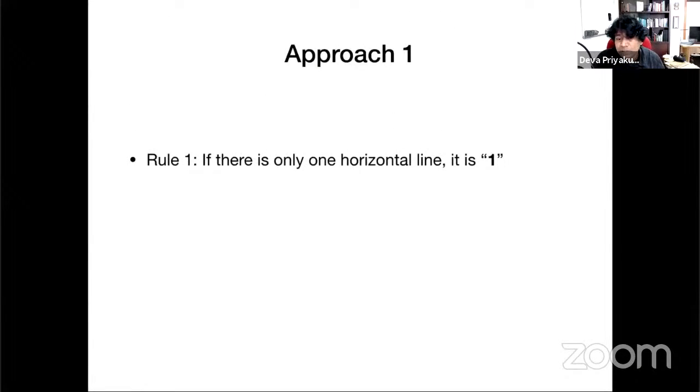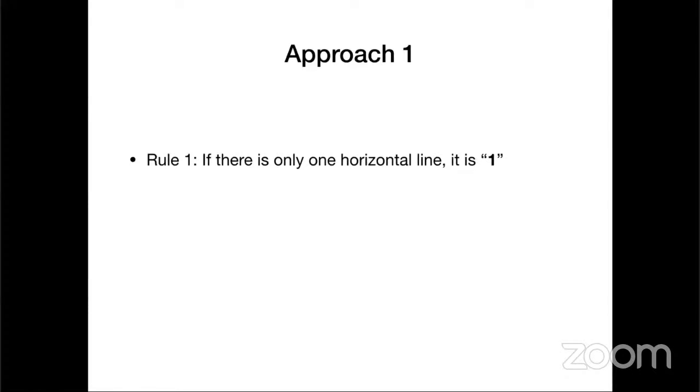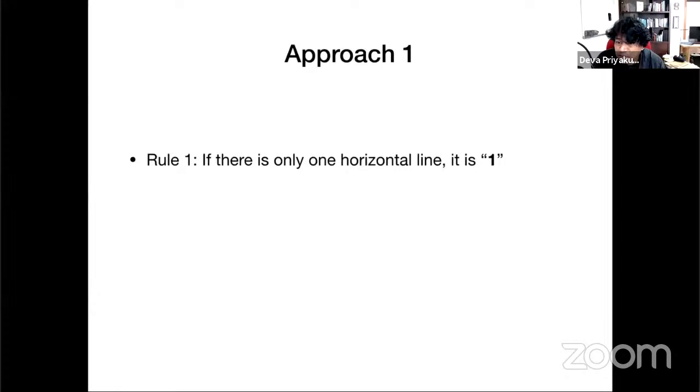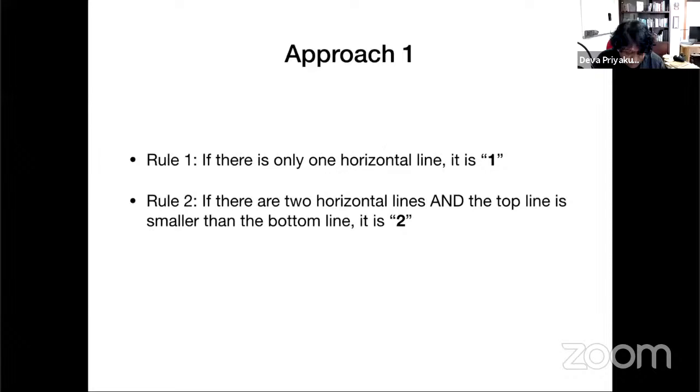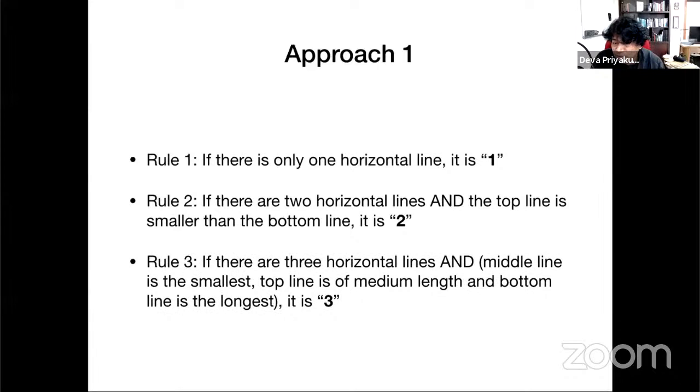What we would do is make rules saying if there is only one horizontal line, that means it's a 1. And if there are two horizontal lines and the top line is smaller than the bottom line, it's a 2. And then whatever rules we learned for the third one.